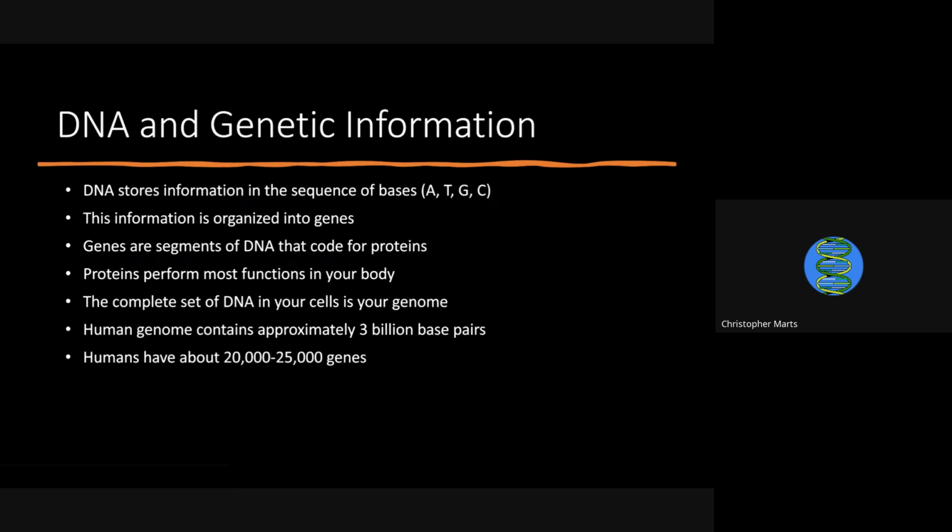So we call those segments genes. Those genes also determine traits, but a lot of what we'll look at is how they code for proteins, because those proteins work as like hormones and enzymes. They're going to regulate bodily functions. They tell your body when to grow. They tell it what to do and when.